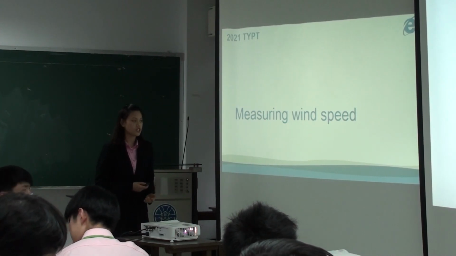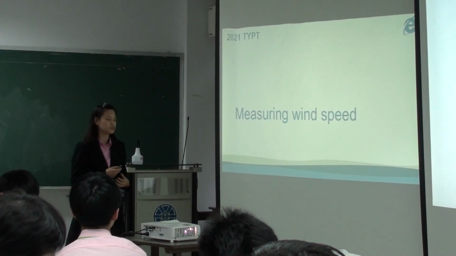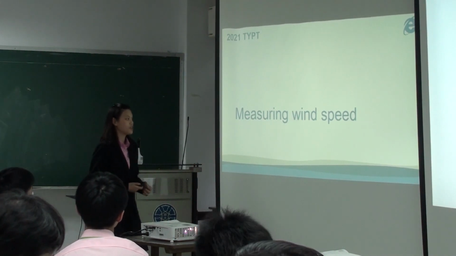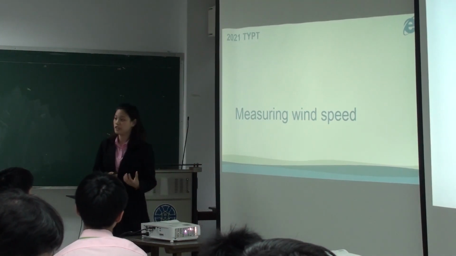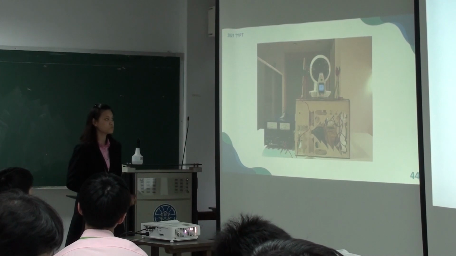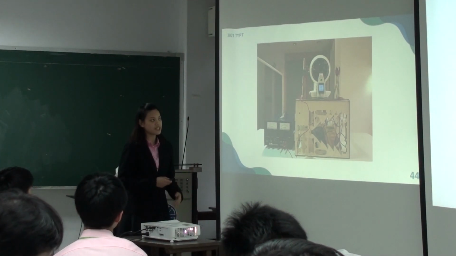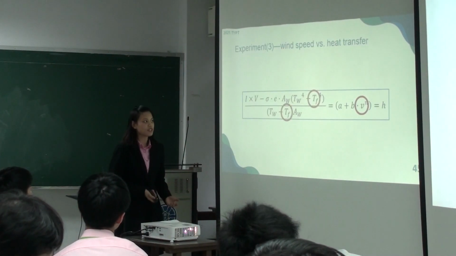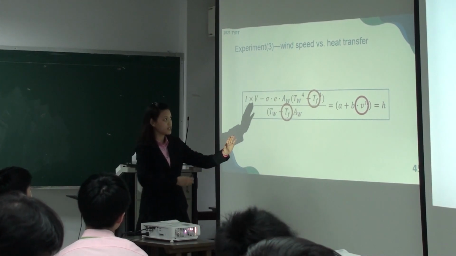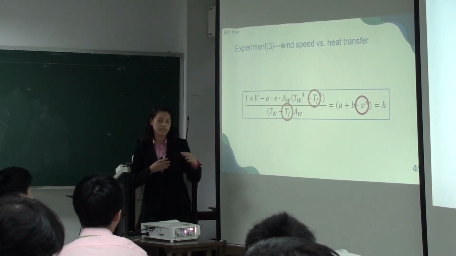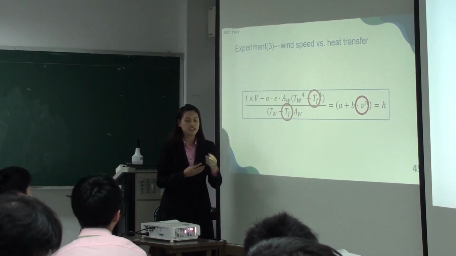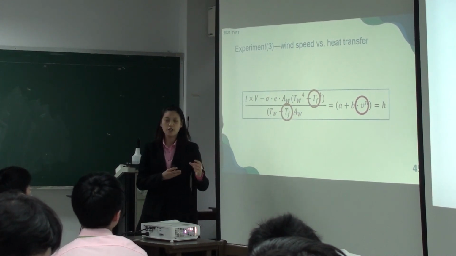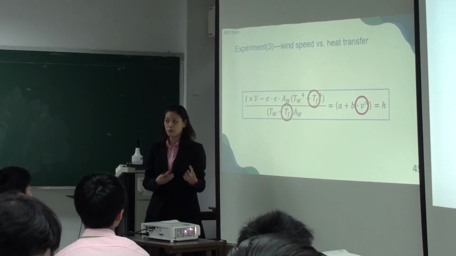So then here comes the key point, the accuracy of measuring the wind speed. So this is my setup. It is the same as experiment 3, but there is still some difference. In this experiment we rely on the anemometer and thermometer to measure the temperature and wind speed.